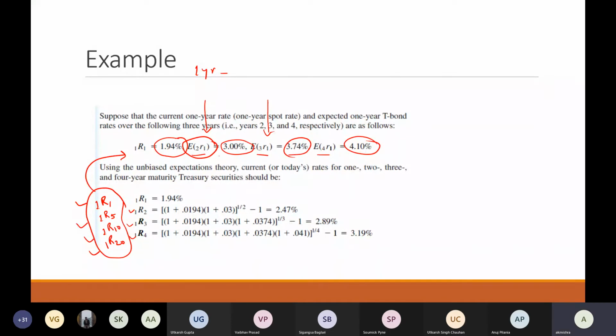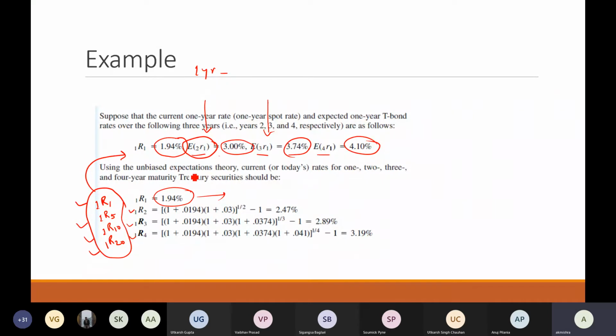Right, because directly arriving at some number, let's say if I know that the spot rate is 2%, how can I say what the rate should be for a 5-year maturity instrument today?